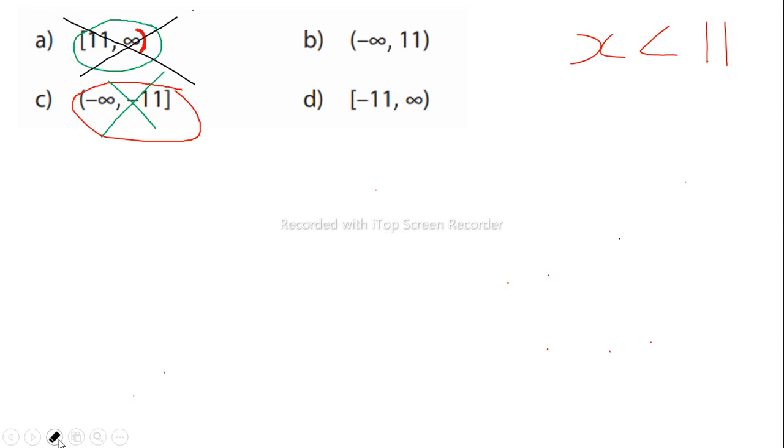For D, this is saying, start at -11 and get increasingly large all the way to positive infinity. Start at -11 and get increasingly large, and never stop.